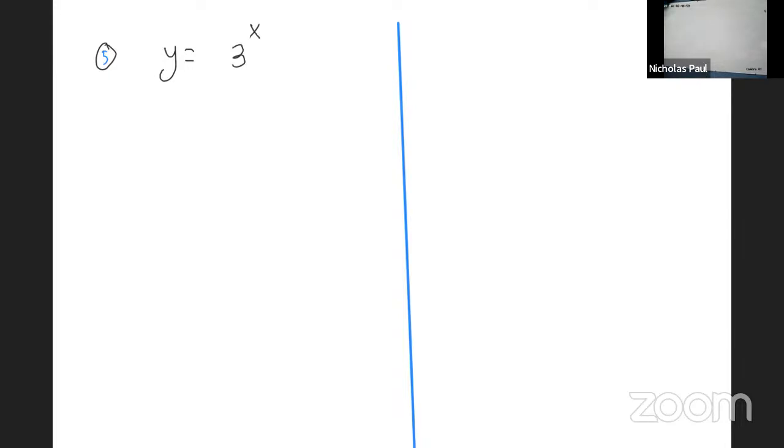You would have ln 3. Same principle, right? Take ln on both sides and then try to differentiate. So y is 3 to the x. Try and take ln on both sides and then apply it. You can leave your ln 3 in your answer. You don't have to work it out.